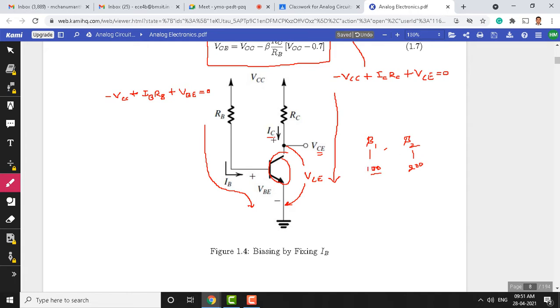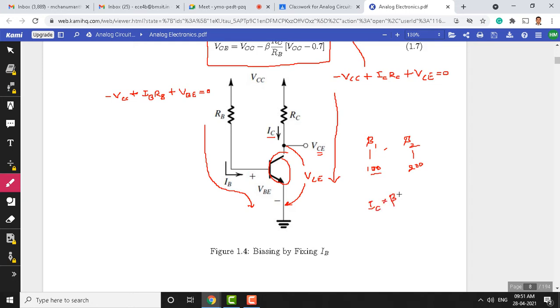So the DC collector current here, though we have provided constant base current to the input of the BJT, now depends on the BJT beta value. You have already come across the expression IC is equal to beta times IB. This expression is quite popular, right?